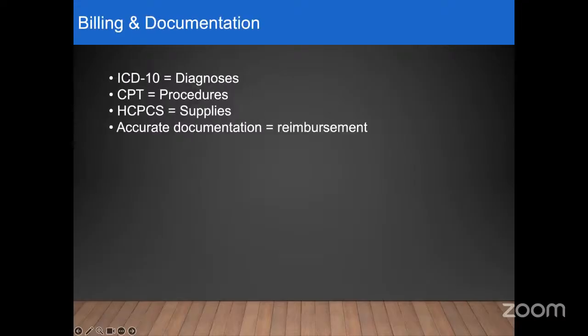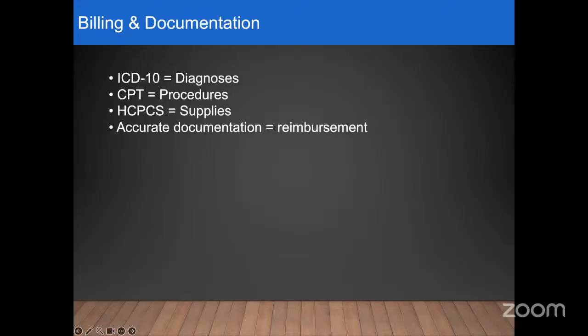These are the types of billing and documentation that you have to pay attention to. The ICD-10, or the International Classification of Diseases, is a set of codes that are used for diagnosing conditions like diabetes, cancer, chest pain. CPT codes are procedural, for procedures such as surgery, or an office visit for, let's say, a colonoscopy.